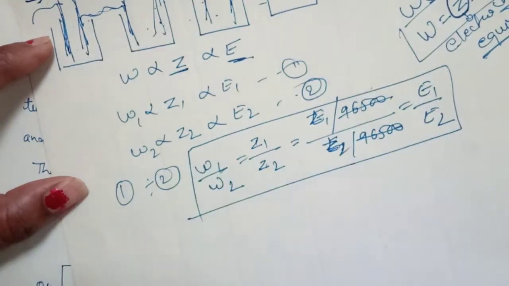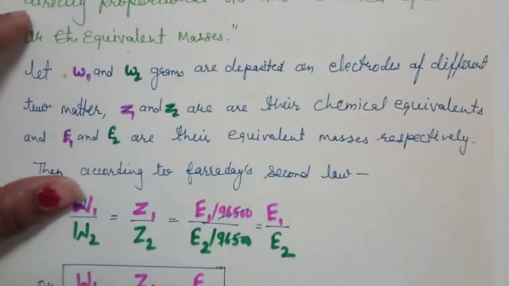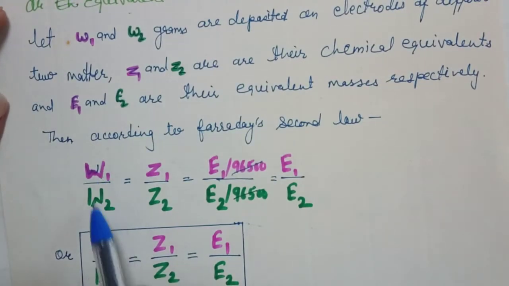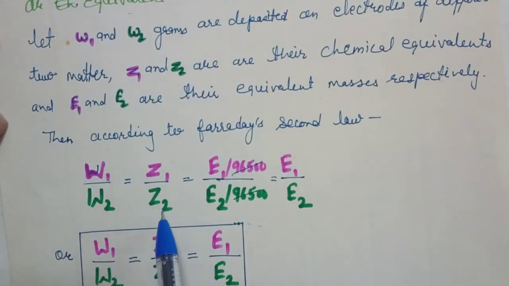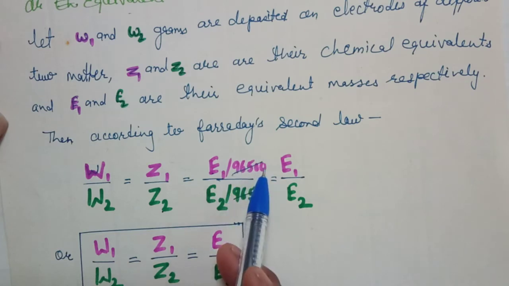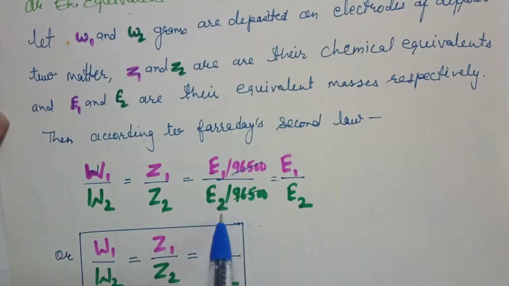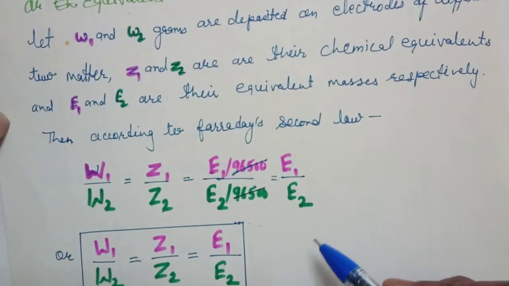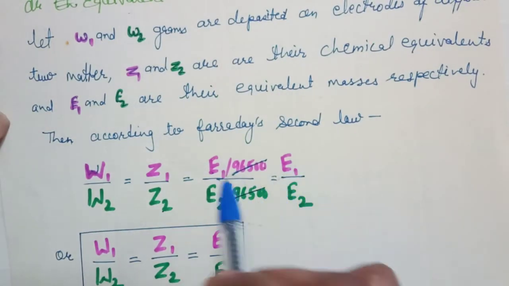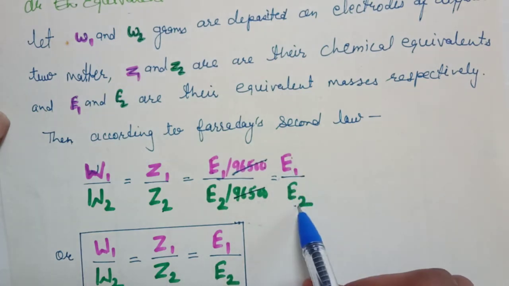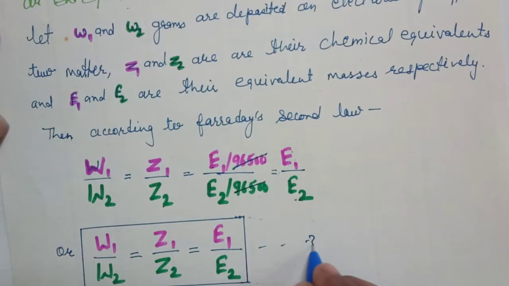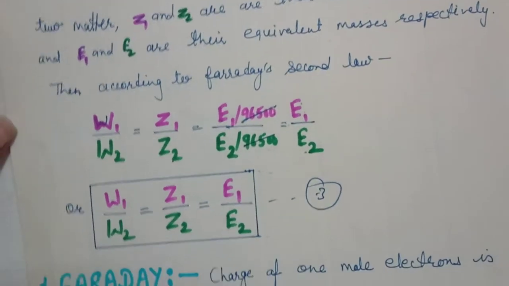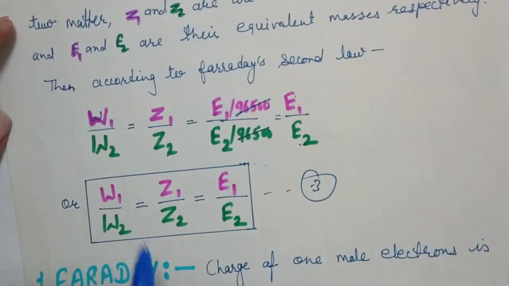So this is the mathematical formulation of the second law of electrolysis: W1 upon W2 is equal to Z1 upon Z2 is equal to E1 upon E2.